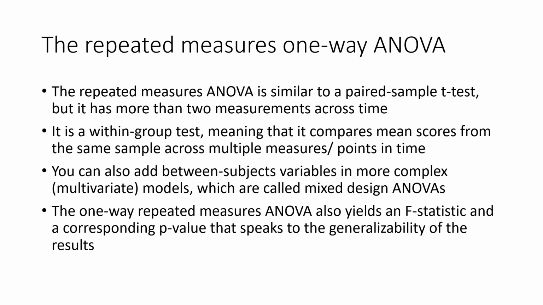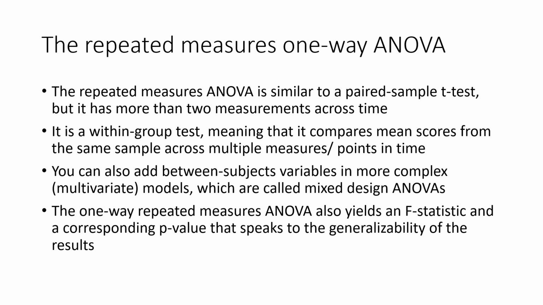A repeated measures ANOVA measures mean differences at multiple points in time, for example, at time 1 and time 2, right? It's a within group test rather than a between group test, and that means that it's comparing mean scores from the same sample but across multiple measures or points in time.